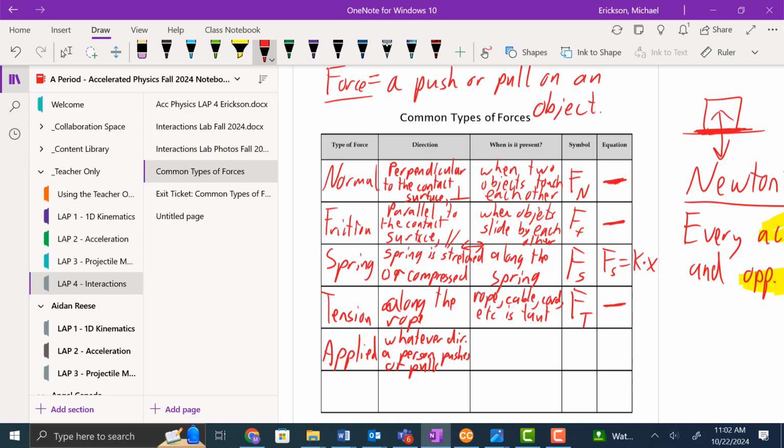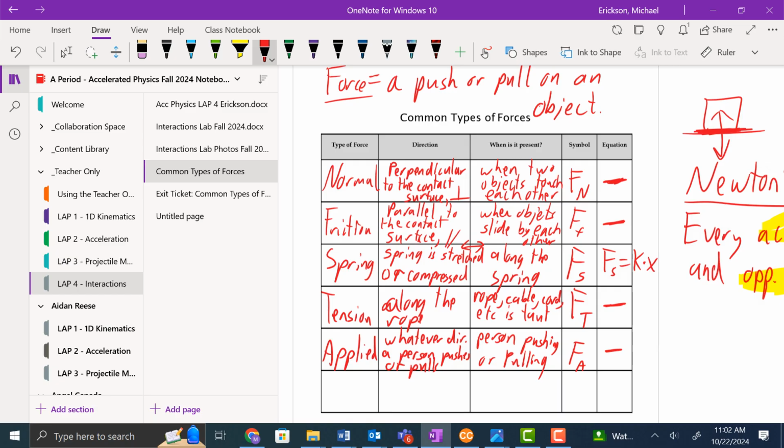But usually there's some sentience. We'll talk about that later. It's just another force we can put on there, so we don't have to call it force normal 2 or 3 when we do a lot of calculations. So applied is present when a person is pushing or pulling. I call it FA, big F, big A, and no equation for it.